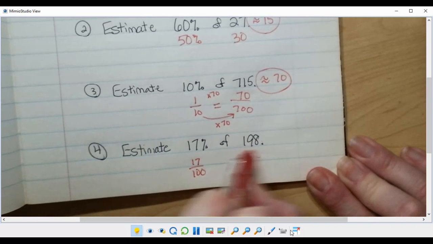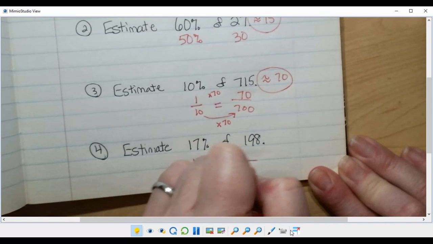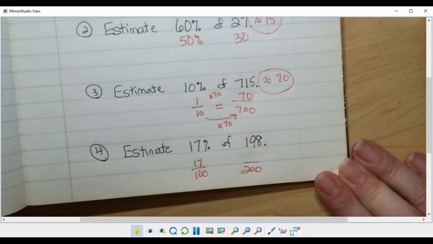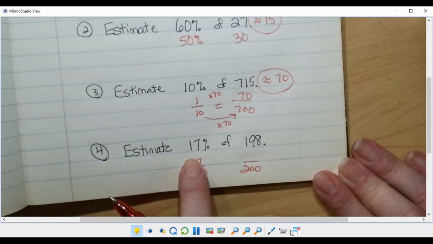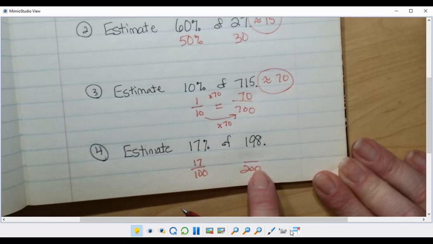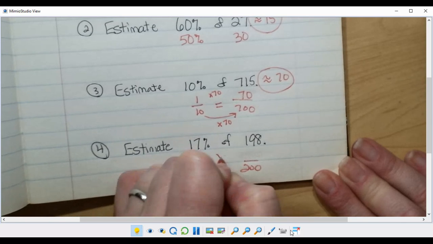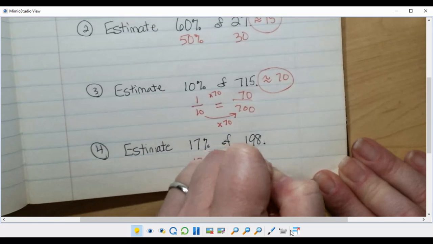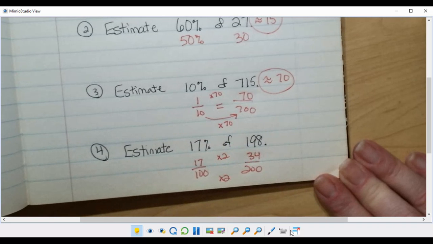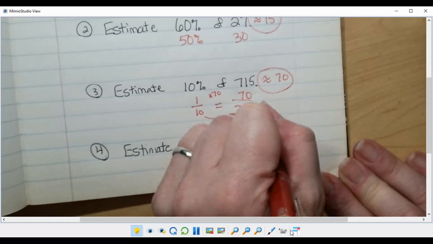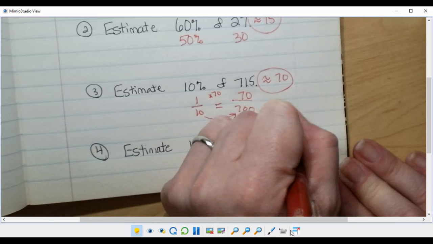And again, I'm going to write this on the bottom. If I have 17 out of every 100, and I do that twice, that means I have 34 out of 200. So my answer is about 34.